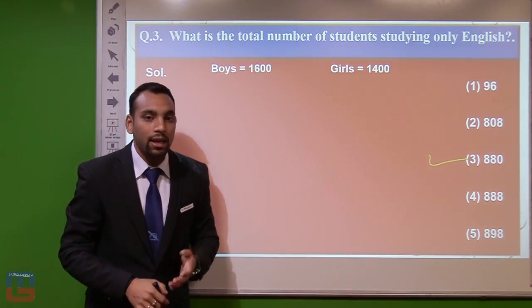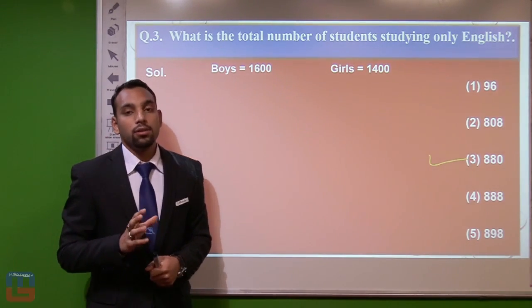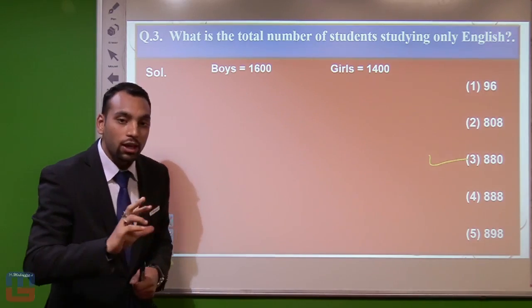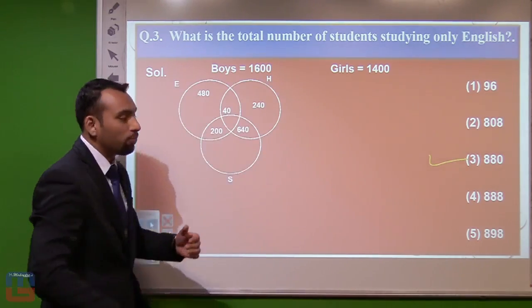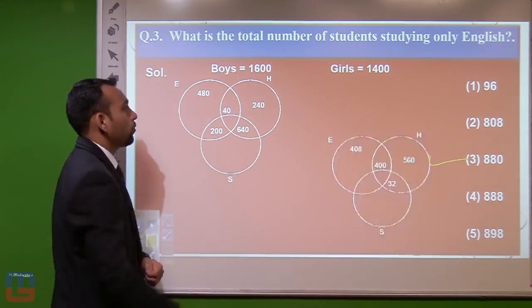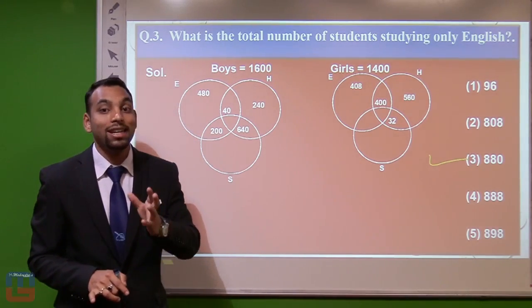The next question is saying, what is the total number of students studying only English? Now it will take you 20 seconds if you have the Venn diagram. So let us see the Venn diagram for the boys and the Venn diagram for the girls, and you have to find the total number of students studying only English.